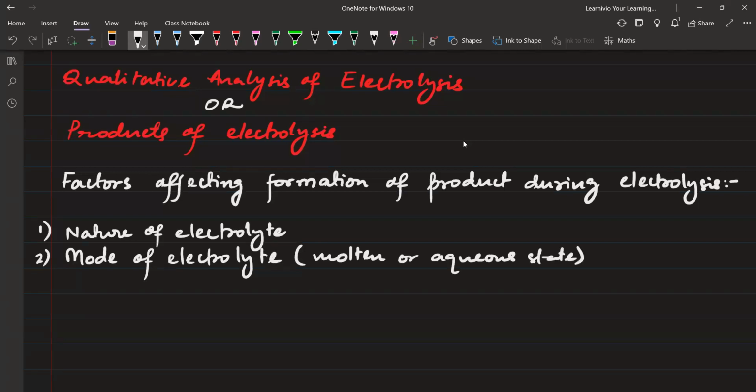When you take the molten state, then in that case you will have only the pure electrolytes. For example, if you have NaCl, then it will be Na+ and Cl- only. But when I take aqueous, then in that case we have water also. So we have to keep in mind that water can also be electrolyzed, right? So water can also give you some kind of product if it reacts at the cathode or the anode. Third is nature of electrode.